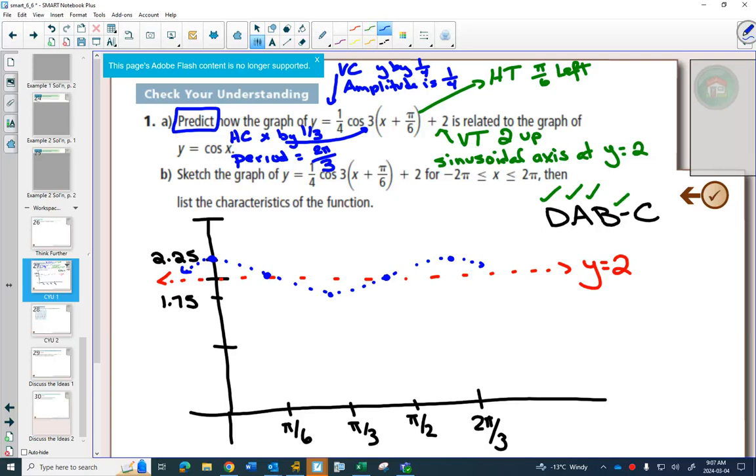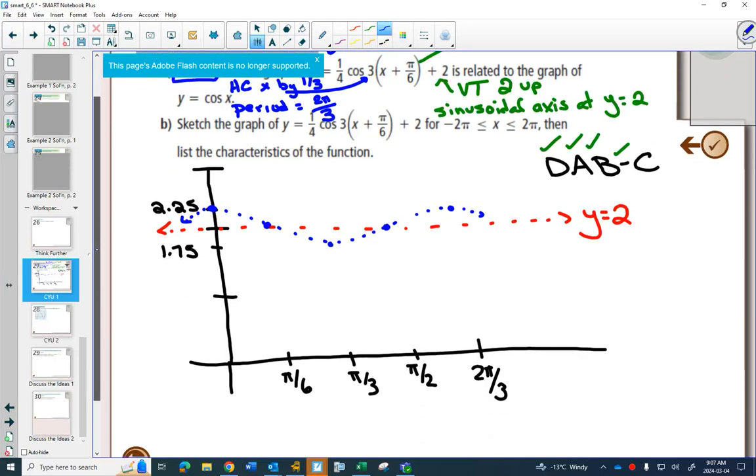And finally, we need to go pi over 6 to the left. So again, very similar to the last question. I know what distance pi over 6 is. So take out my purple pen. I'm going to shift this point over pi over 6, this one over pi over 6.